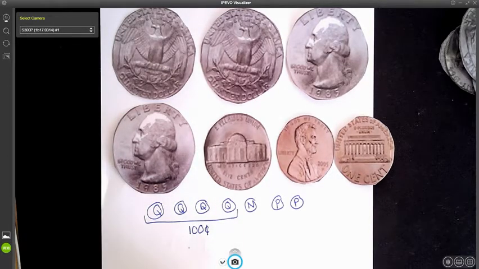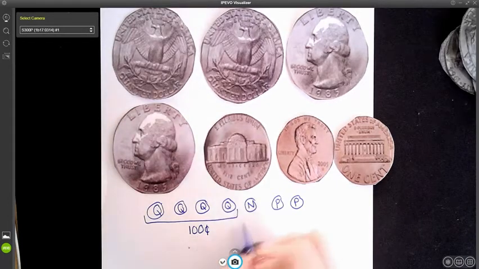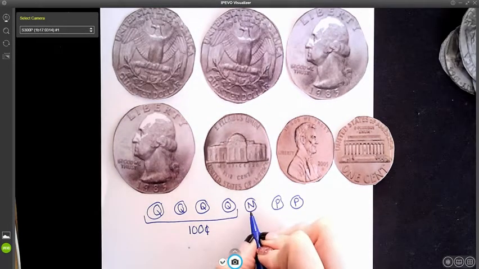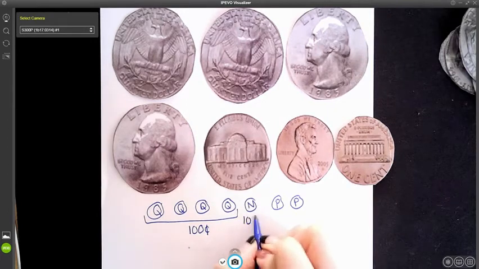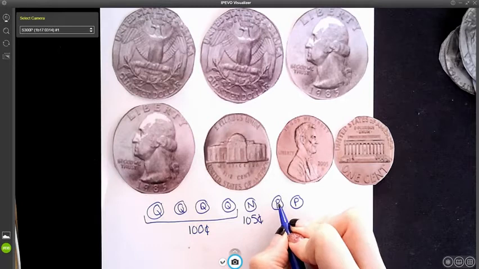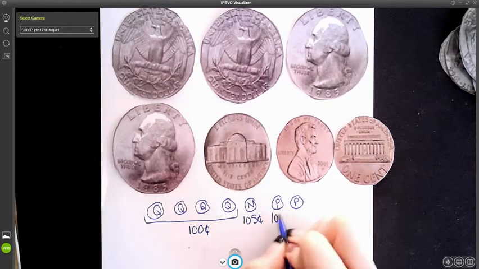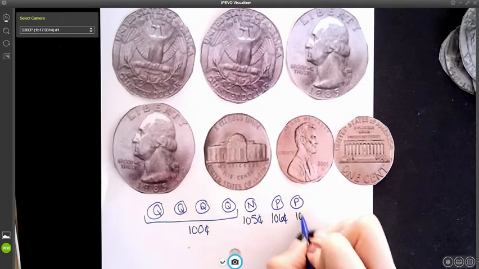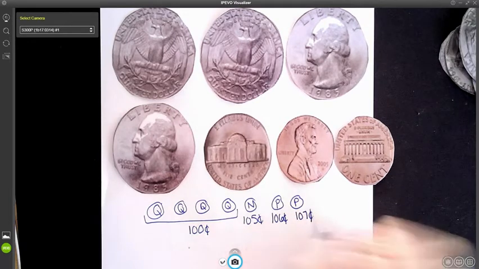If you can find an easier way to count your change, you can definitely do that. So now I'm going to keep on adding here. 100 plus 5 is 105 cents. 105 plus 1 is 106 cents. And 106 plus 1 is 107 cents.